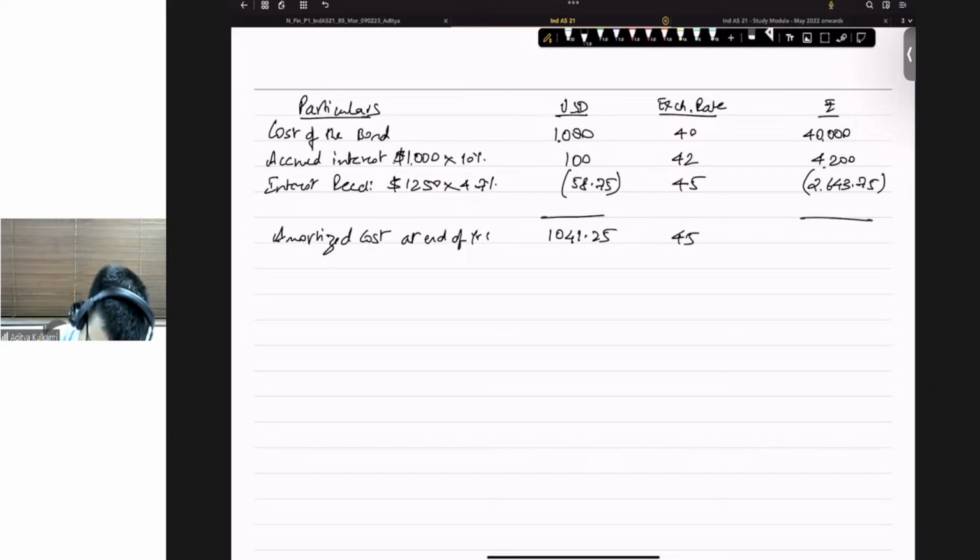So this is 46,856.25. Please remove this underline. It's not a total. So far, have you understood?